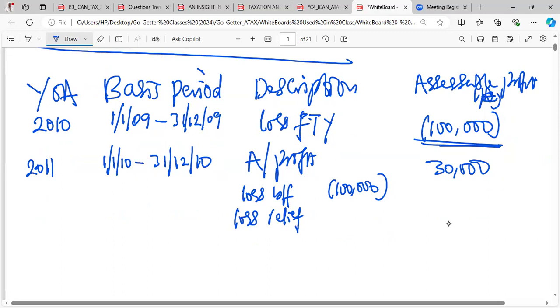So watch what I'm going to do now. The loss is a negative figure. When I want to relieve it, I will use a positive figure here to relieve it. Because if I put it as negative here, it's going to increase the negative from 100 to 130. That is not what I want.